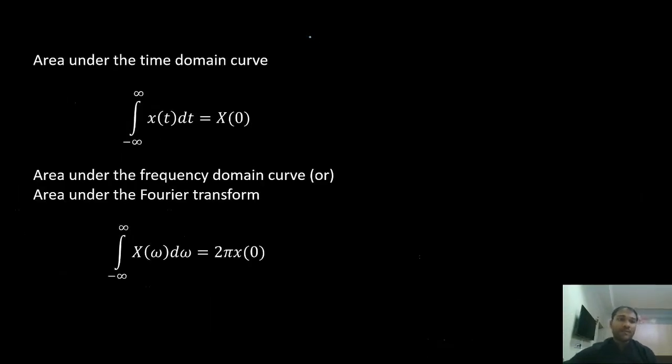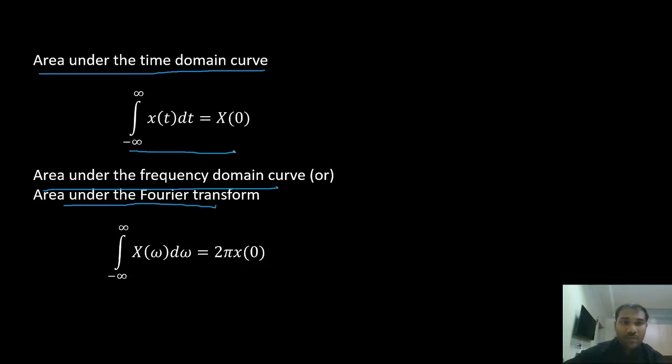And this is the final thing: the area under the time domain curve and the area under the frequency domain curve, or Fourier transform. How will we prove this? It states that the area under the time domain curve is equal to the Fourier transform at omega equals 0.